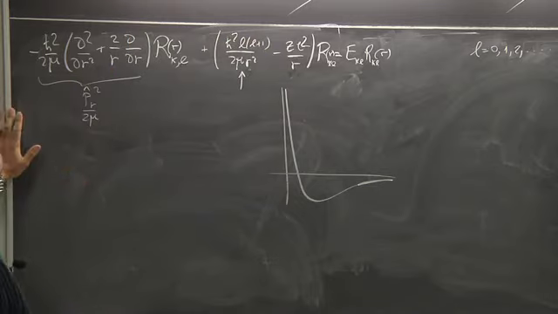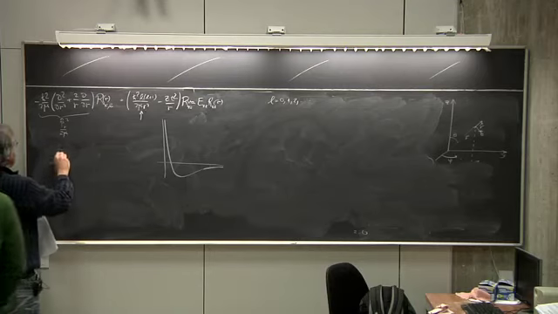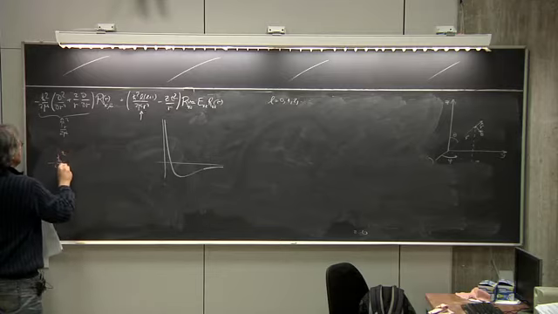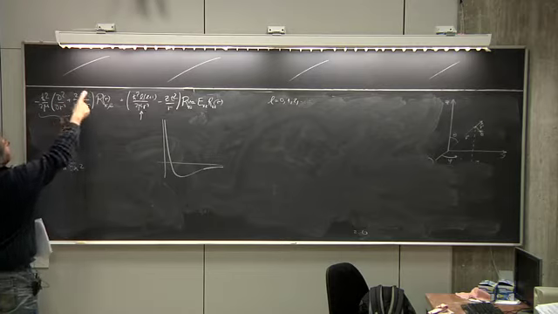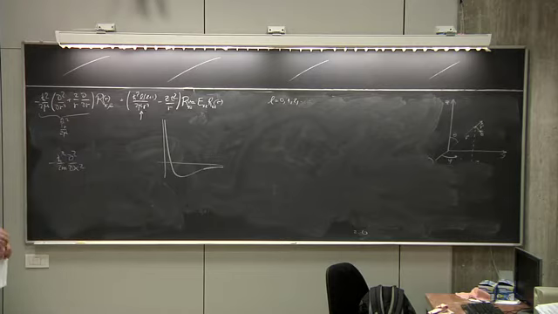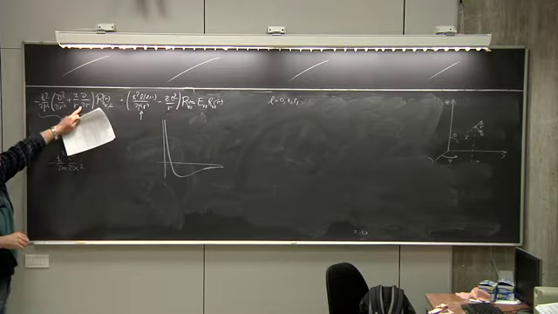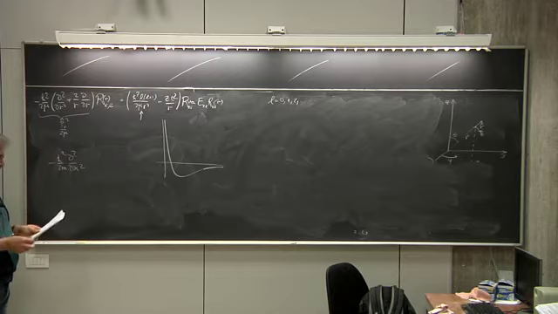Notice that as opposed to the standard one-dimensional problem, where I would have something like this, here what comes from the Laplacian is more complicated. There is also this term, which makes it slightly more inconvenient.